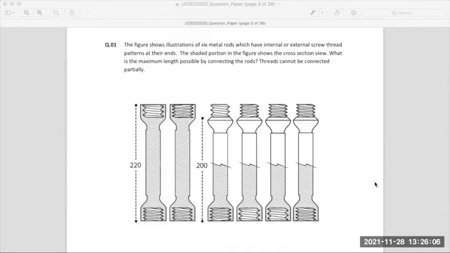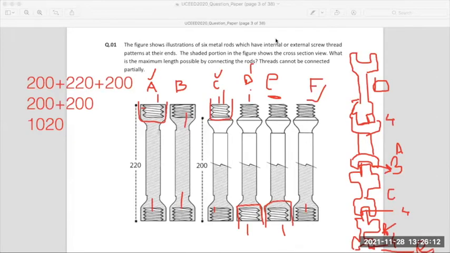So there are two methods which I have come across. One is what we followed right now, where we didn't use the option B. And another case, suggested by few people, is the option where you don't use the rod A. So in either case, either you don't use rod A or you don't use rod B, the answer at the end of the day is 1020.